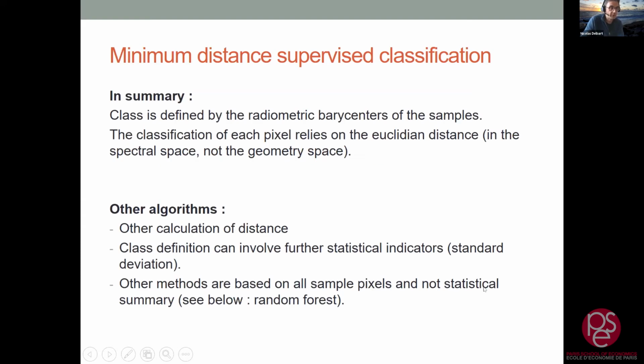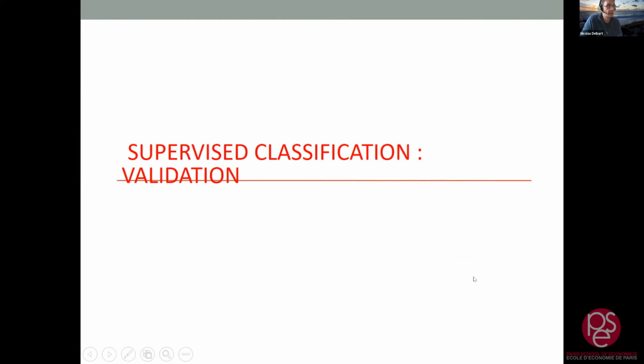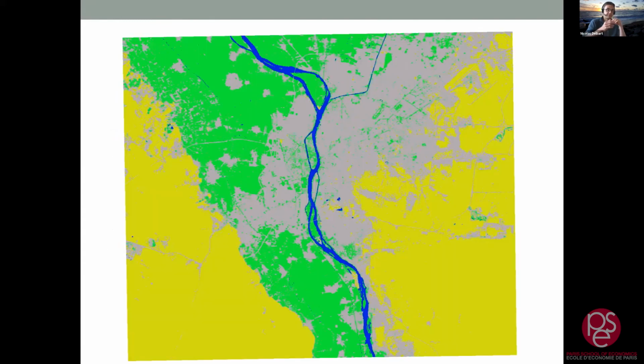So there are several ways to make a supervised classification. In all of them, you need to go through what is called a validation. Because, of course, such a map, we hope, tells the truth for most of the pixels, but for sure, it is wrong for a certain number of them.